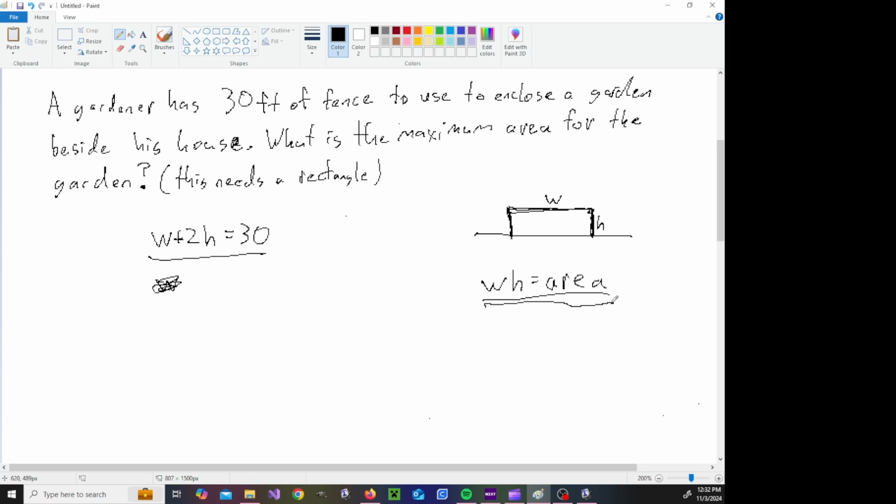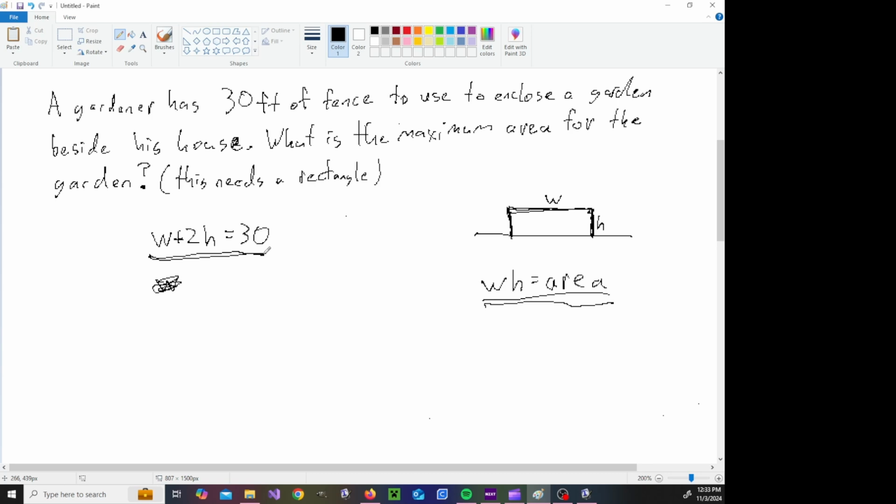That's not something that we're familiar with doing. So to find critical points, I want this in a single variable. Is there any way that I can use what I have already, my constraints, to get this area function in a single variable?